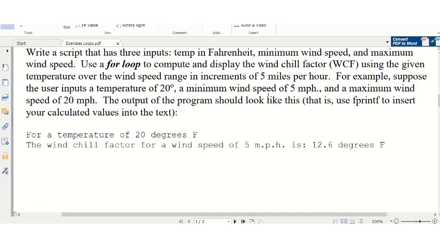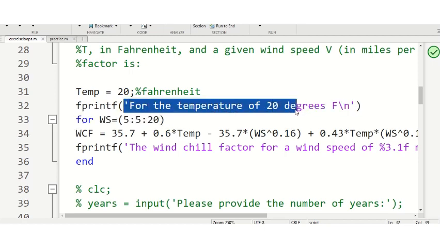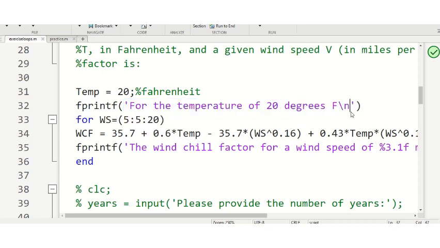The input is 20 degrees Fahrenheit, so it has to print first, for a temperature of 20 degrees Fahrenheit. So for that we are using printf, for the temperature of 20 degrees Fahrenheit, and moving on to the new line.